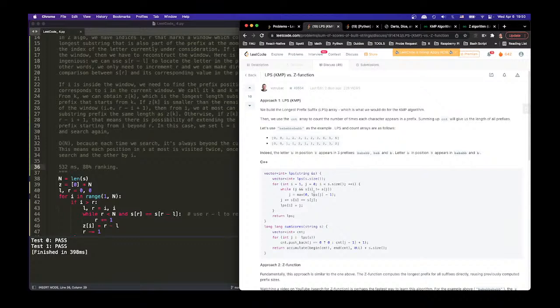So the count at each position is the number of prefixes that the current letter belongs to up to this position. It doesn't extend. Is that right?